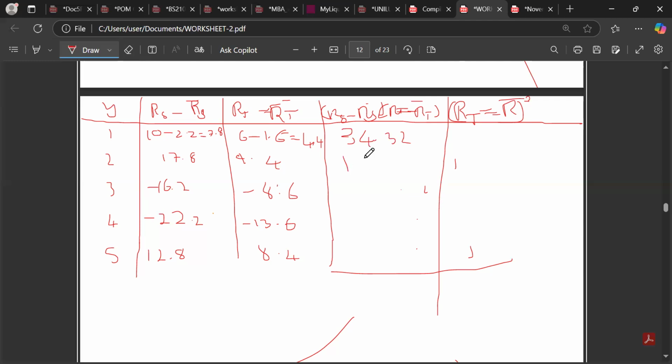We're getting 167.32, yes. Then negative 16.2 times negative 8.6, obtain 139.32 again here. Then negative 22.2 times negative 13.6, again positive 301.92 here.